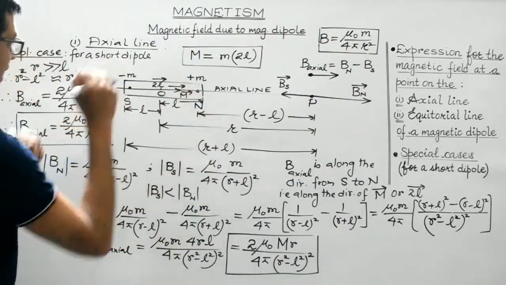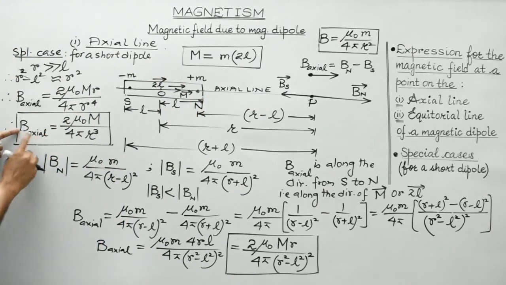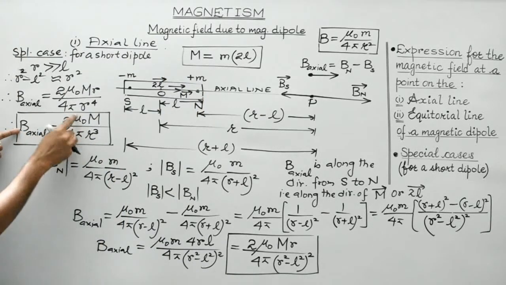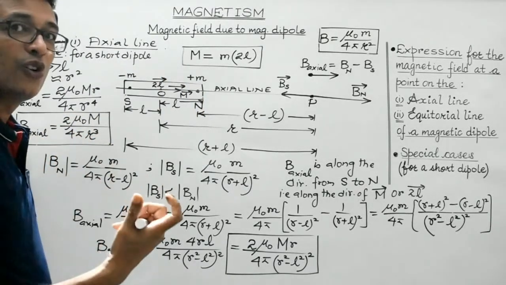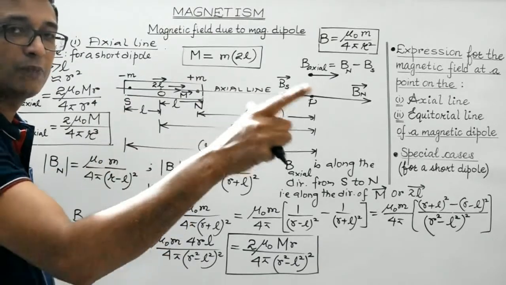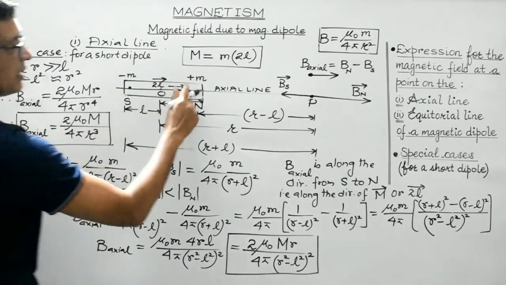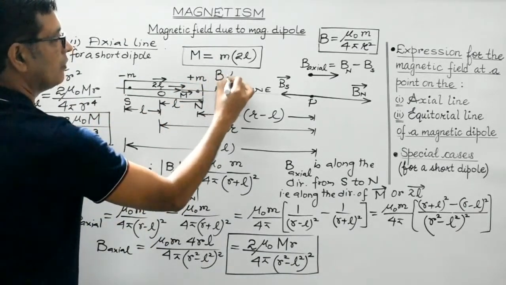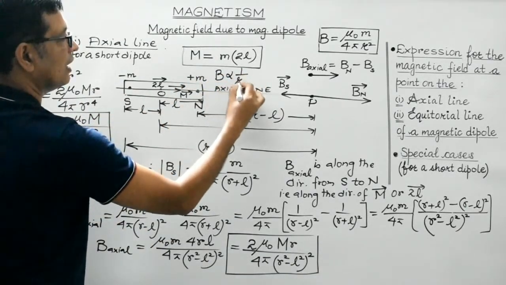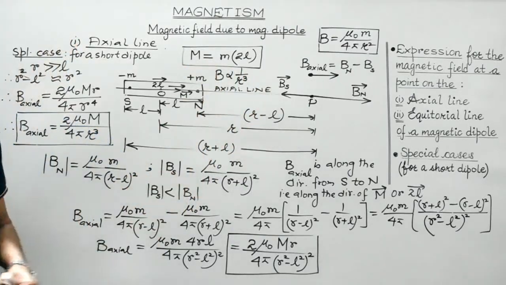But for a magnetic dipole, the magnetic field at any point on the axial line varies inversely as the cube of the distance of the observation point from the center of the dipole. So for a magnetic dipole, the magnetic field varies with distance R as 1 by R cube.